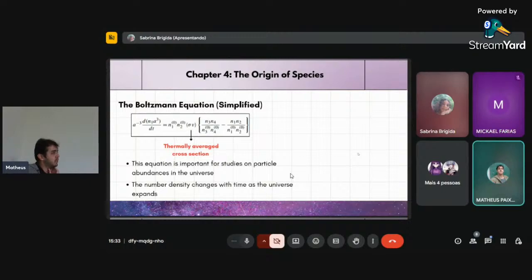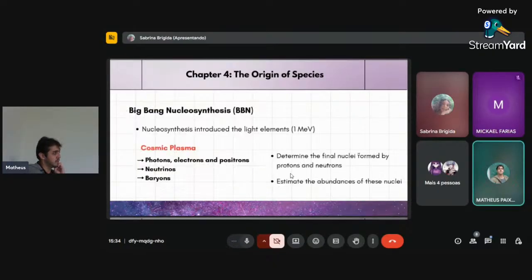And another comment I wanted to make, I think we have time, is about BBN. BBN is a very important era in cosmology because we have a lot of beyond standard model models in the early universe, but BBN puts stringent bounds on these models. So for each model you need to consider the BBN bounds.